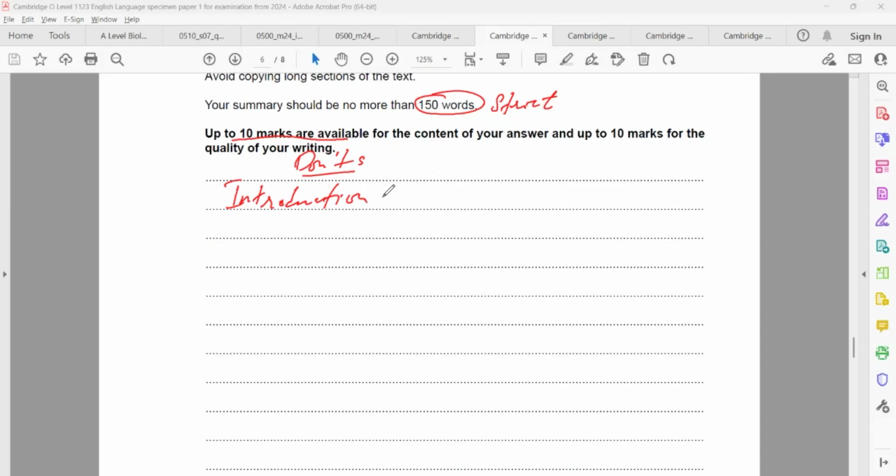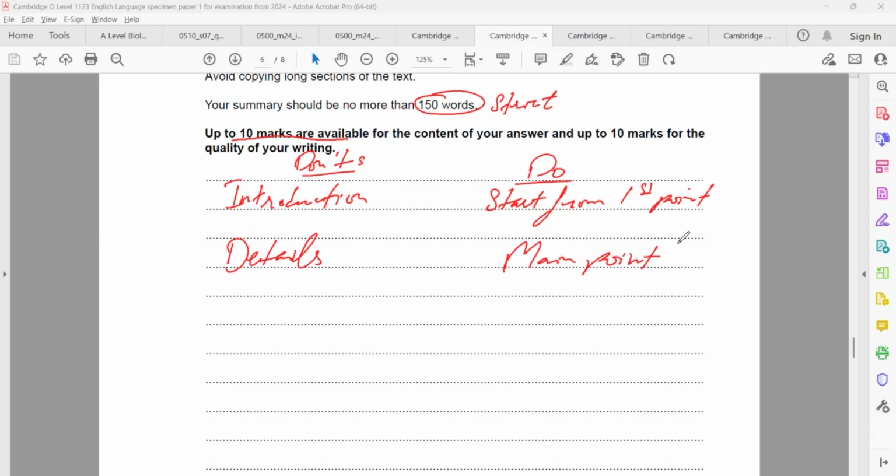You don't want to do that. You want to start from the first point off the bat. Start with the first point directly. Secondly, you don't want to add unnecessary details. You just want the main point.